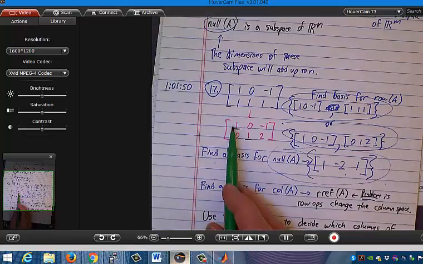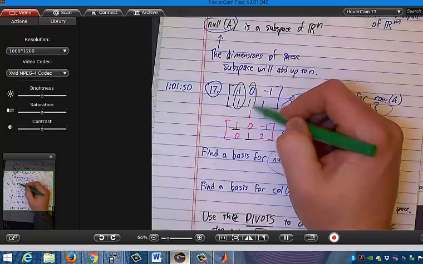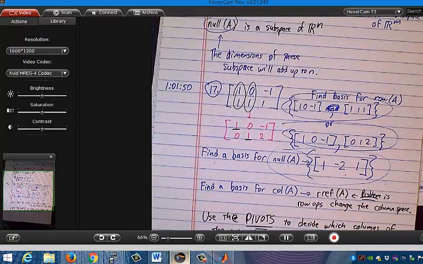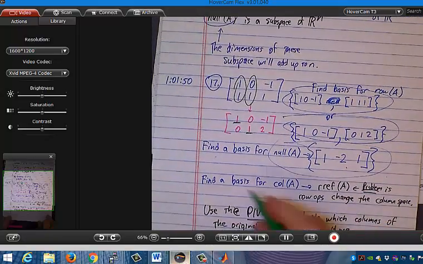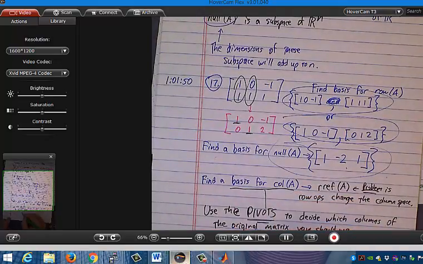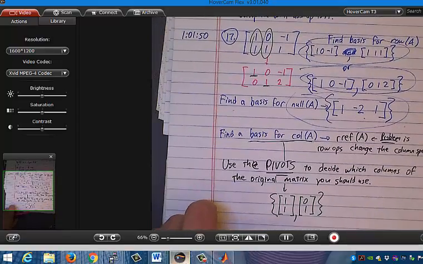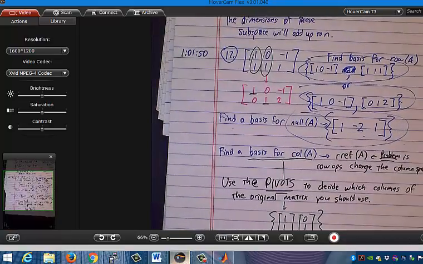And since those are in column 1 and column 2, that tells you that these would be a nice basis for the column space. So my answer would be, maybe I take column 1, 1, 0, and 1, 1. There's a basis for the column space. Okay?